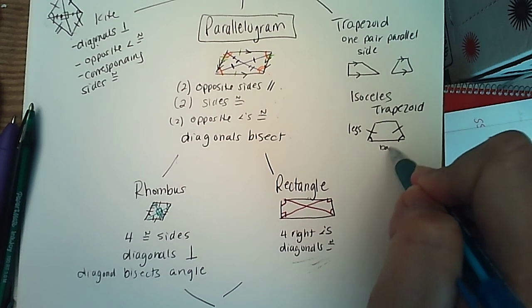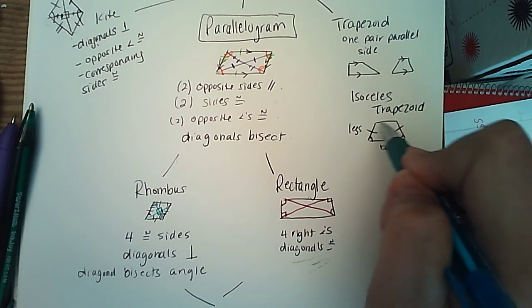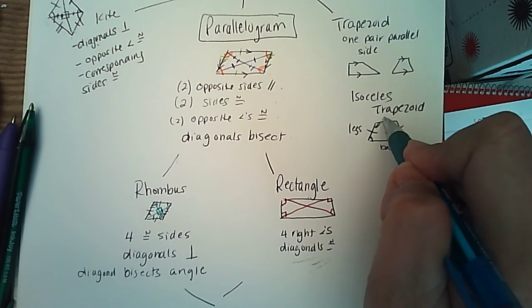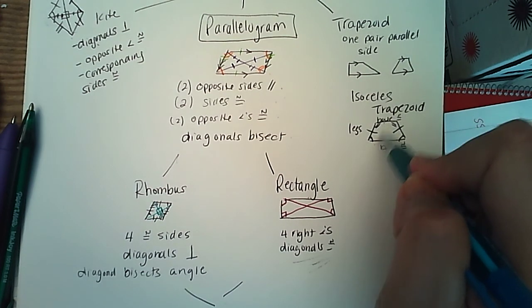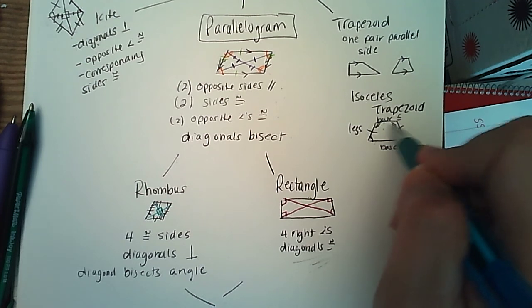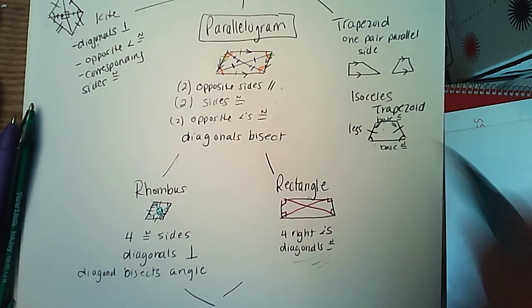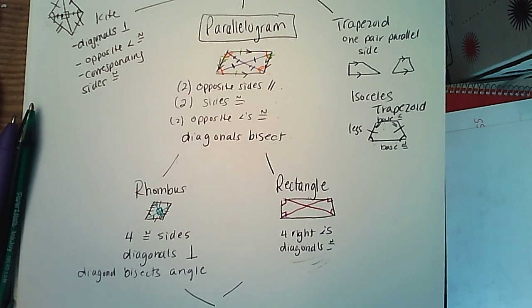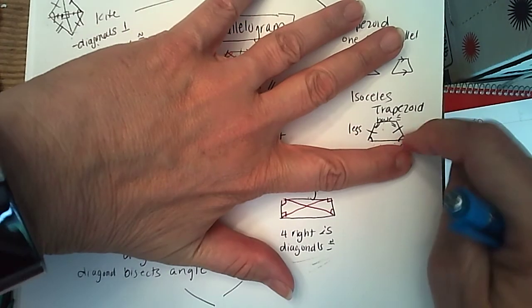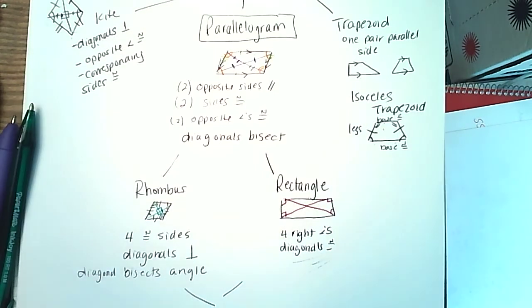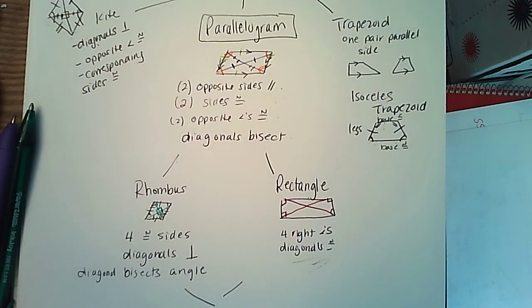The base angles here are congruent, and the base angles at the top are congruent, but not congruent to each other. These two are congruent to each other, and these two are congruent to each other, just like your isosceles triangle. If your sides are congruent, then down here is congruent, and up here is congruent. So that's the isosceles trapezoid.